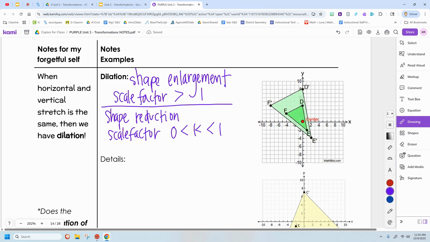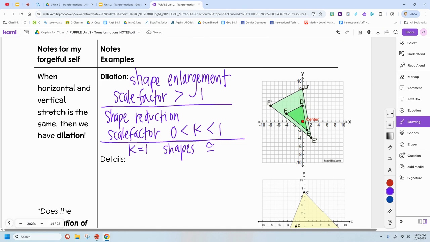And then the weird thing is if the scale factor does equal 1, the shapes are congruent. And so we don't call dilation a rigid motion overall because we talk about things being in proportion instead.